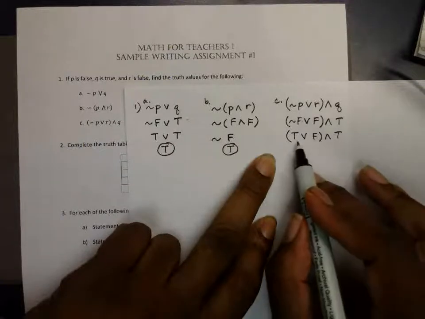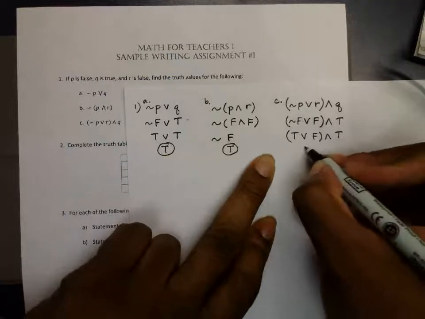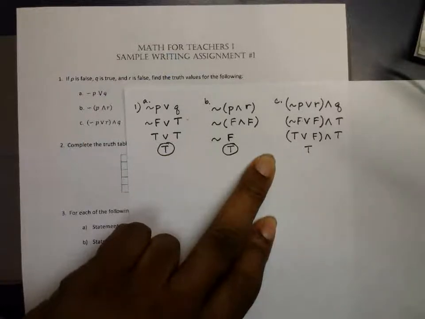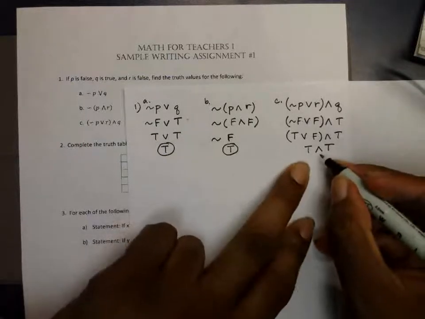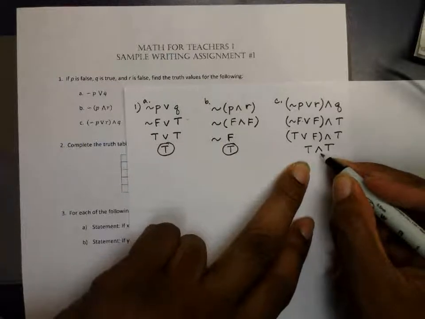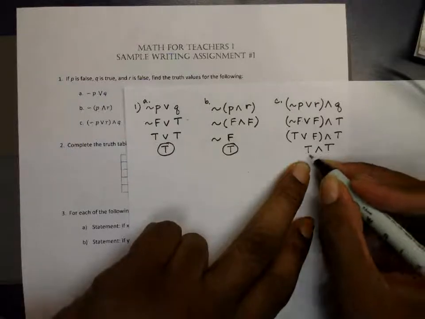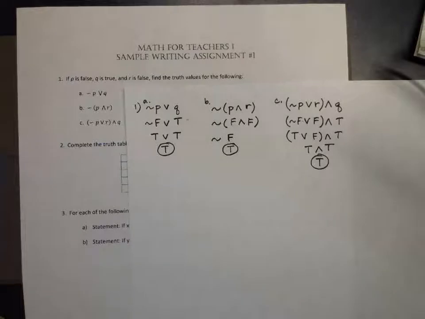Otherwise, it's false. So here we got this part being true, so automatically the whole thing will be true. And here, both have to be true for the and in order for the whole thing to be true. Otherwise, it's false. And that's what we have. Both of them are true, so the whole thing has to be true. And that will be your final answer to that.